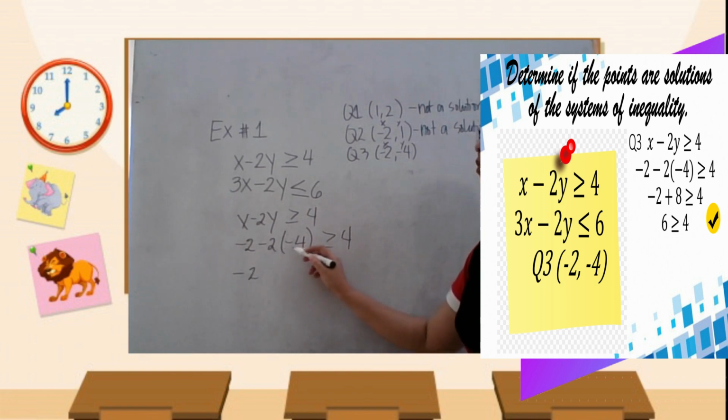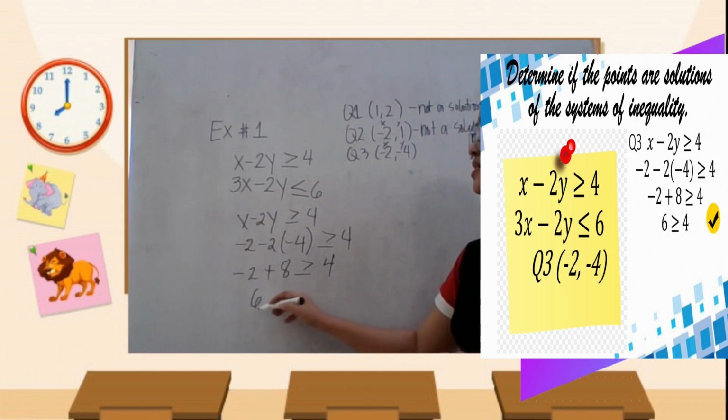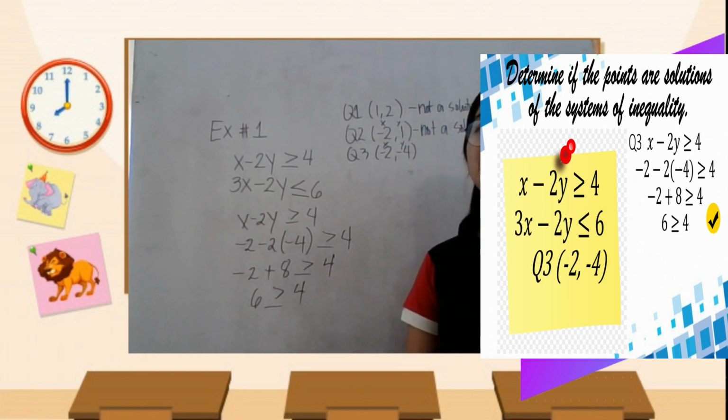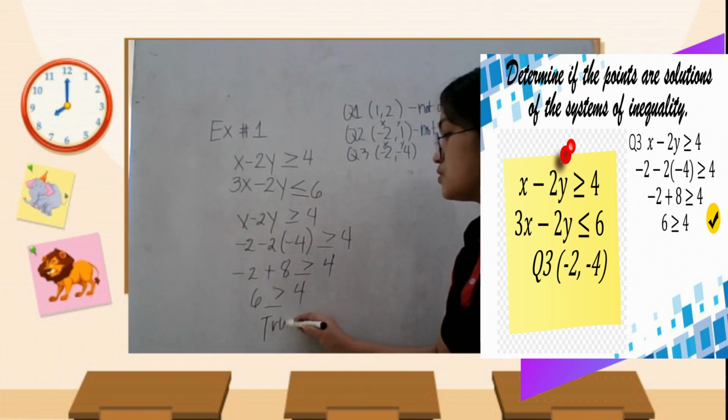Negative 2 then negative 2 times negative 4 is positive 8, greater than or equal to 4. Negative 2 plus 8, since they have different signs, we subtract, the answer would be 6. Positive 6, because 8 is larger and has the positive sign. Is greater than or equal to 4. Is it true? Yes, because 6 is greater than 4. So this is true.